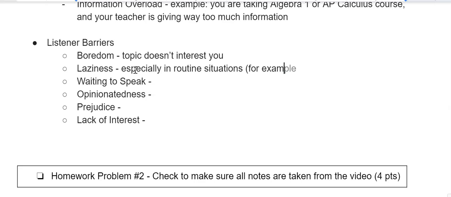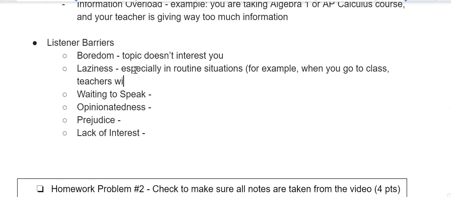For example, when you go to class, sometimes teachers like me tend to get really repetitive. Like I would say, hey, good morning, class. Most teachers will go into a routine of things to say.